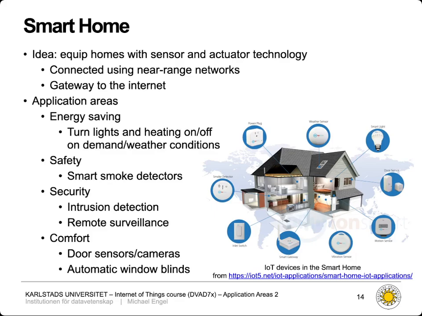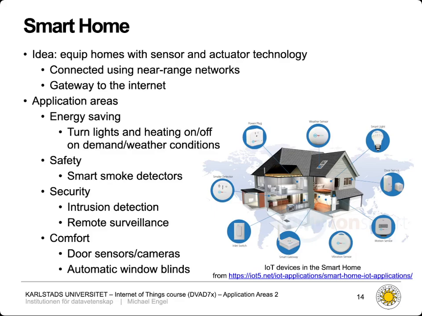So the first thing that's really interesting is energy saving, not only for large office buildings, but also for your home. So you could automatically turn on and off your light and your heating on demand. So whenever there's no persons in a room, you don't need to turn on lights. You can have the heating turn off before you leave the house and have it turn on automatically as soon as a sensor or some information is transmitted to your smart home system that you're coming home.